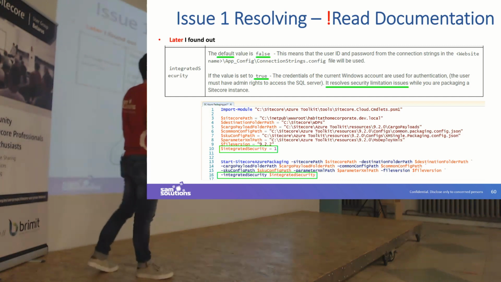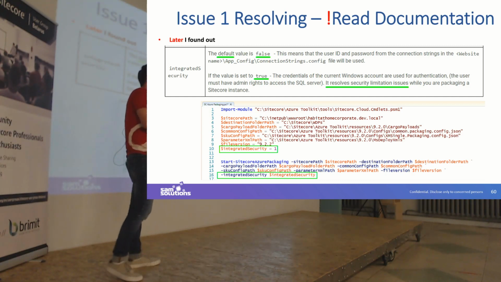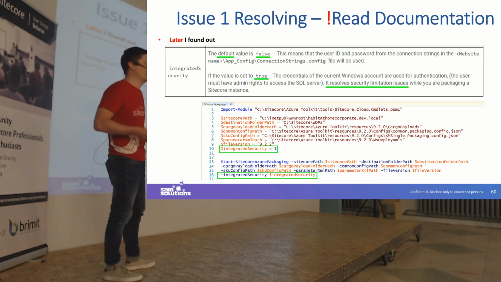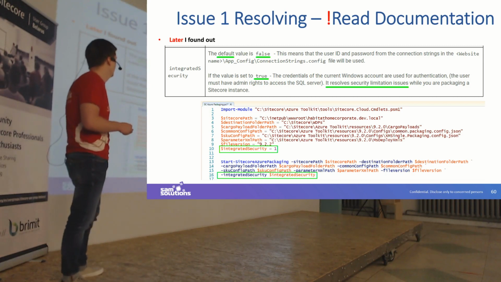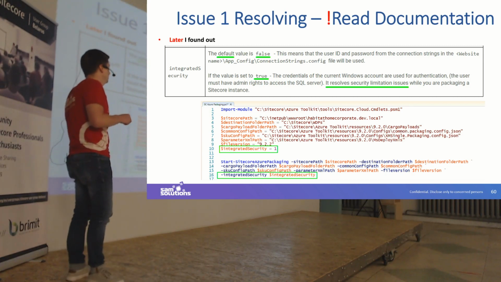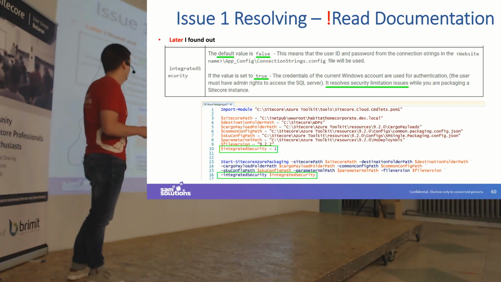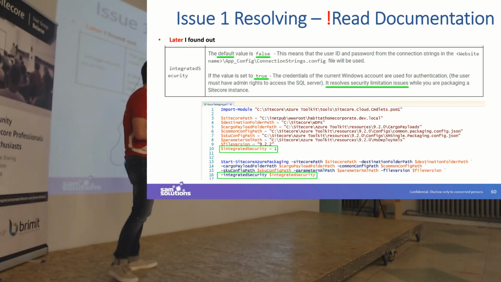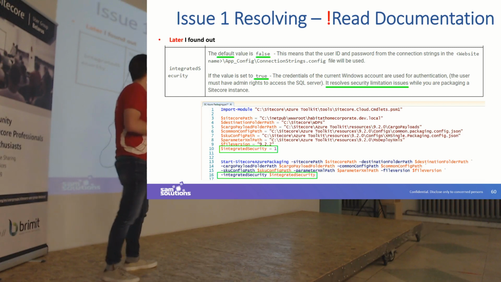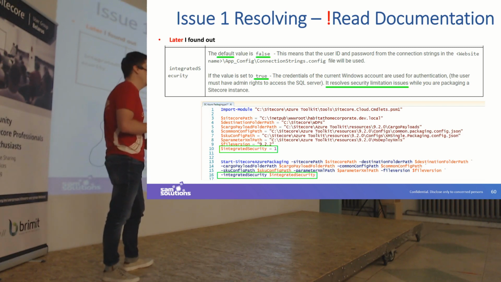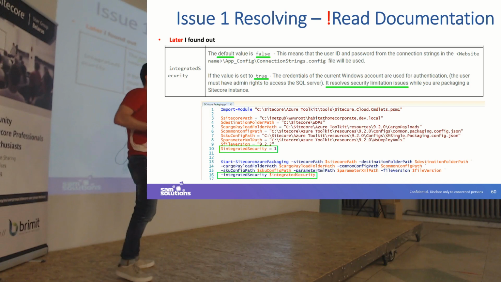It means that permissions will be taken from the connection strings of our Sitecore local instance. But if we set the value to true, the DACPAC process will be executed by my Windows user.